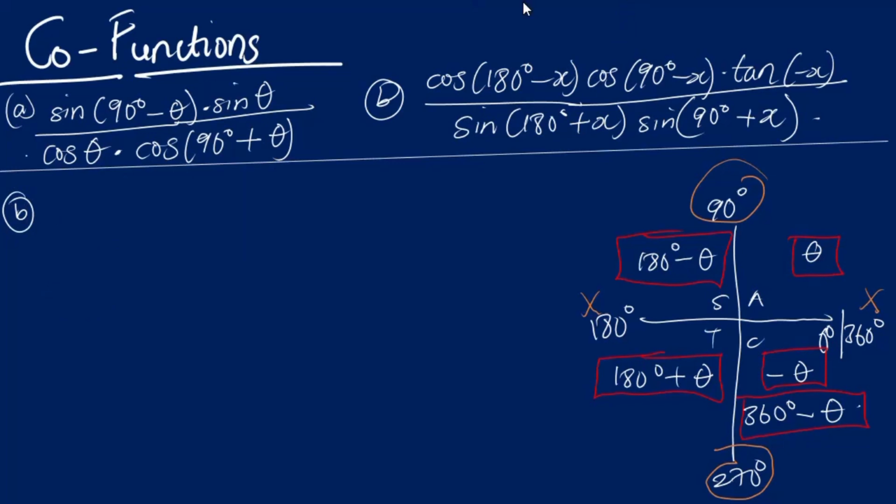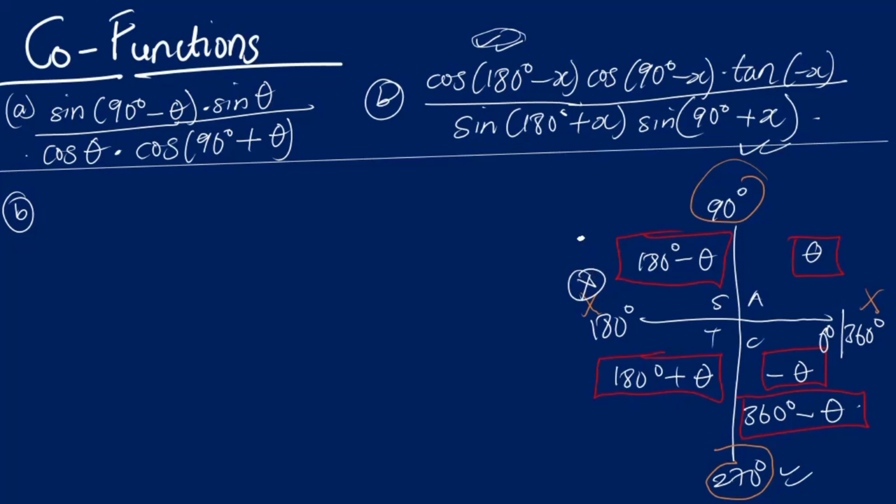So second question B, I have this thing here. Can this be a cofunction? No, it's not operating on the section of 90 degrees and 270 degrees, so we don't work with cofunctions there. So what are we working with there? We are working with reduction. How do we reduce this? We are already using the major angle 180 degrees.